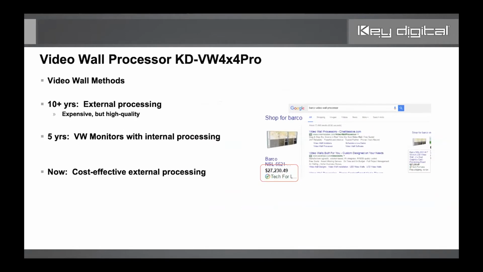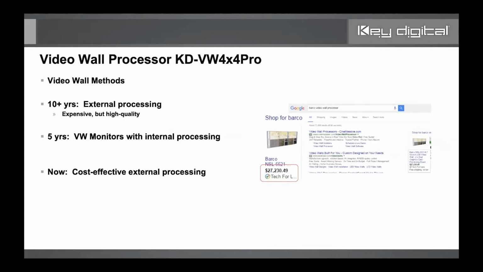10 years ago, when you wanted to do video wall processing, it was done externally using expensive products. You can see $27,000 for the ability to do a video wall. A couple of years later, guys said, oh, it might have gotten better, might have gotten a little cheaper, and they went with the ability to do it in the displays 5 years ago.